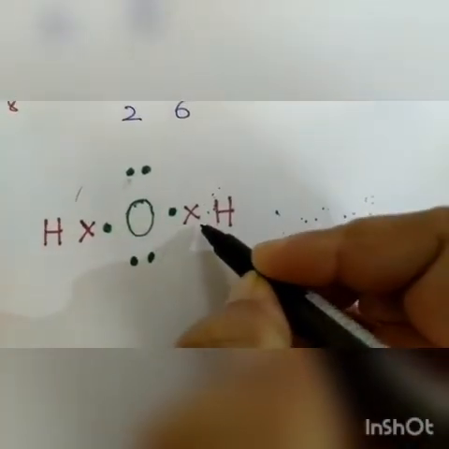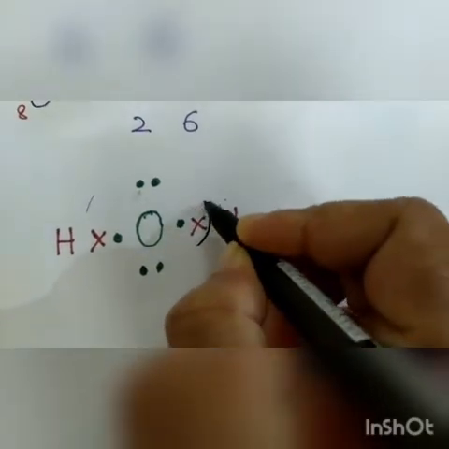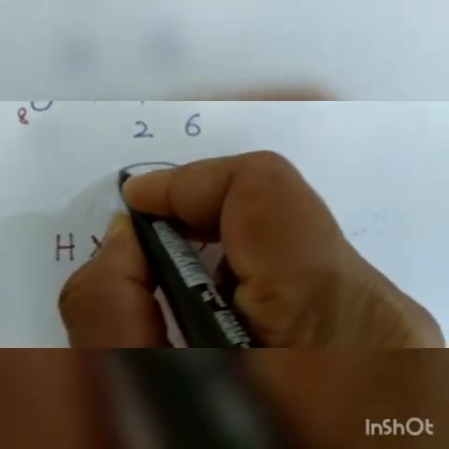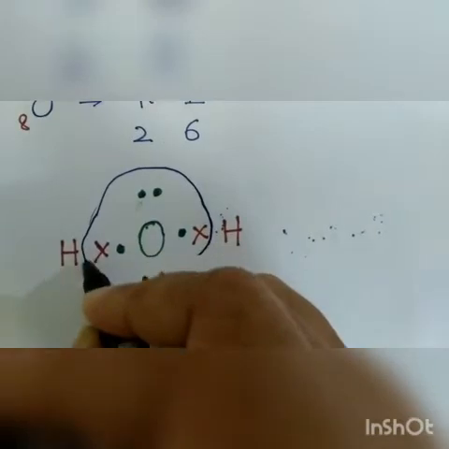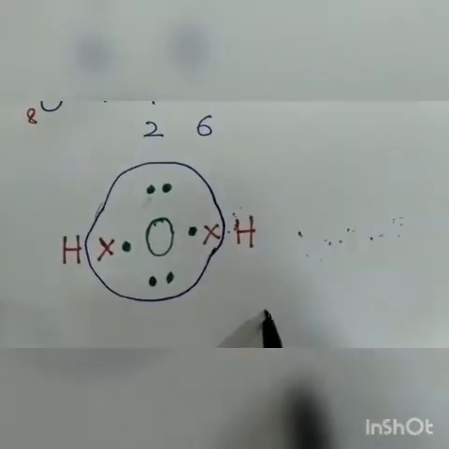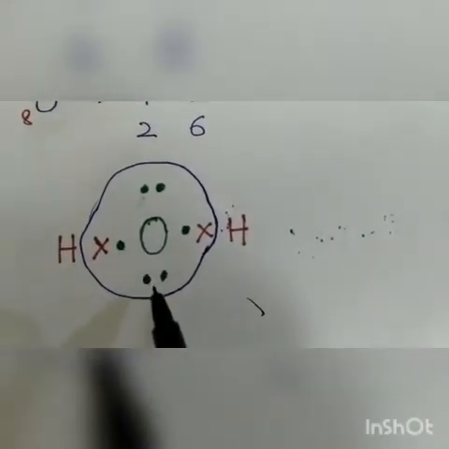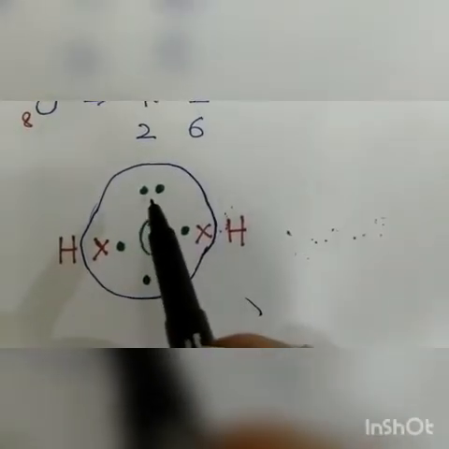Please see here, when it shares, this electron will come within the vicinity of oxygen. Can you see? Now if you see this, how many electrons is oxygen having? 1, 2, 3, 4, 5, 6, 7, 8.